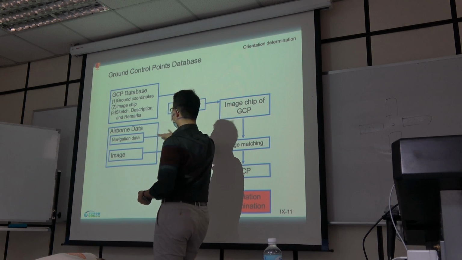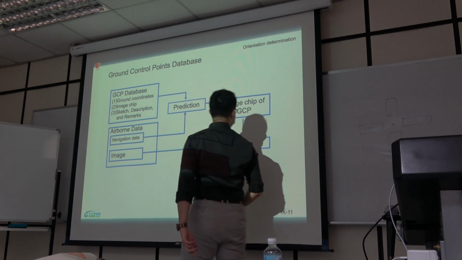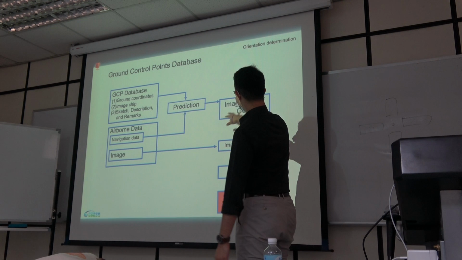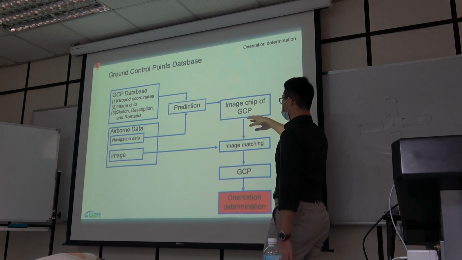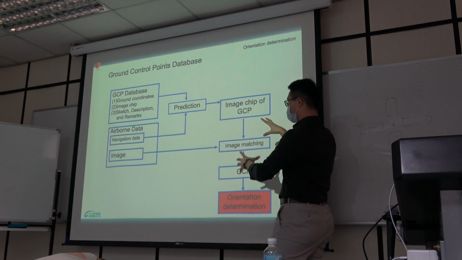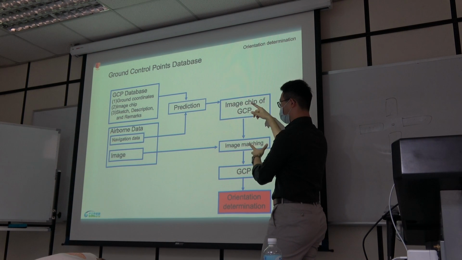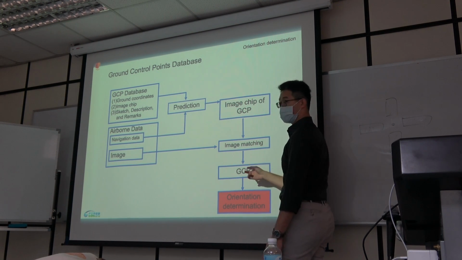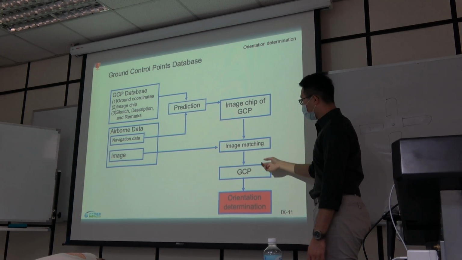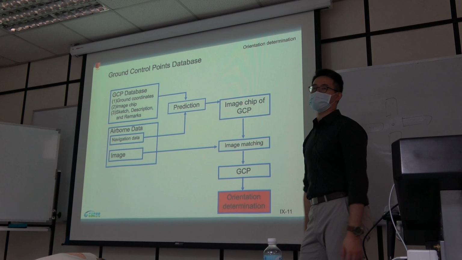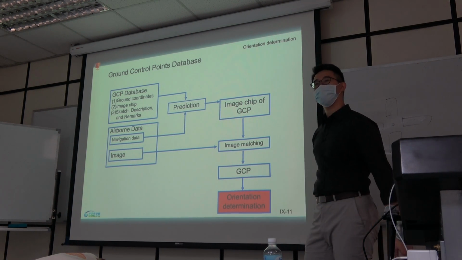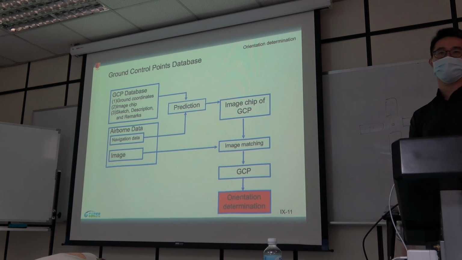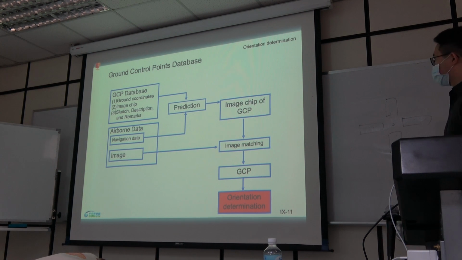This is one way to search for it. Then you have the image chip of the GCP, and you can perform the image matching to find that control point on the image more precisely. Then you have your GCP, and you can perform the orientation determination by using space resection. So that's the whole procedure.